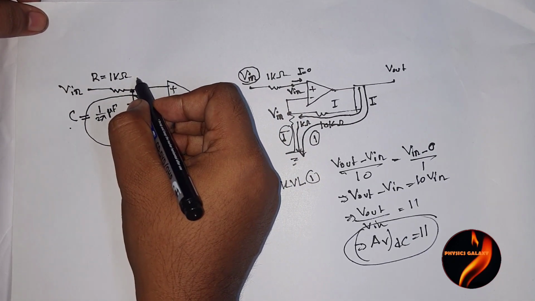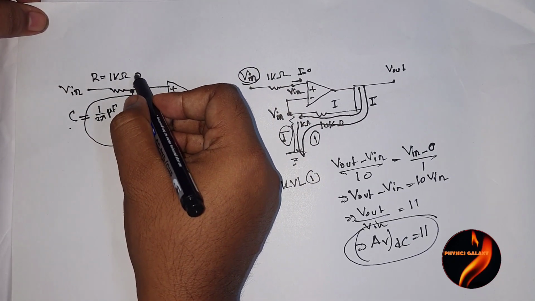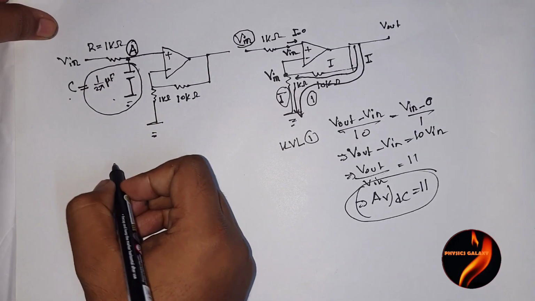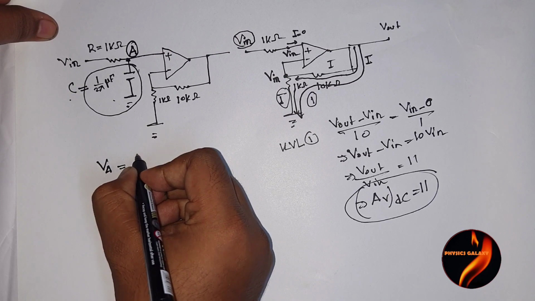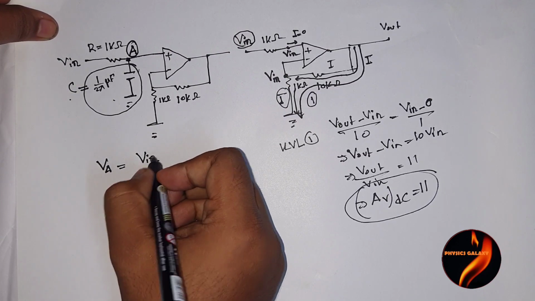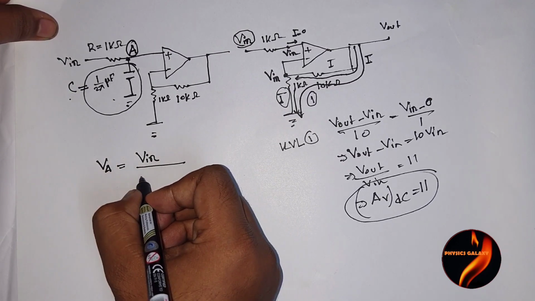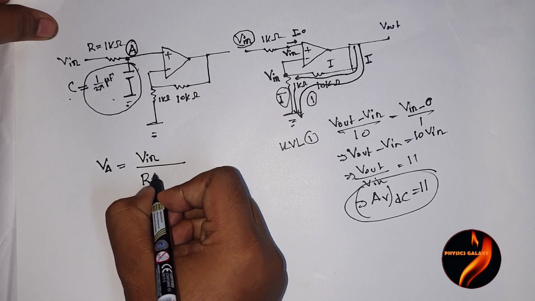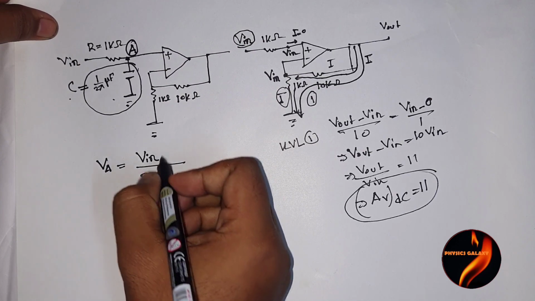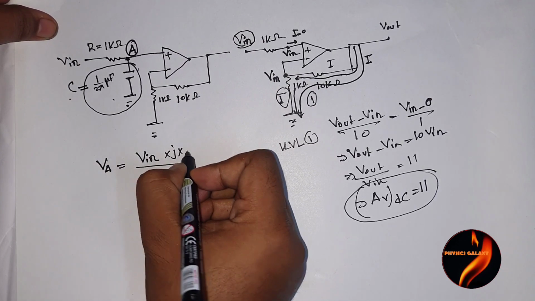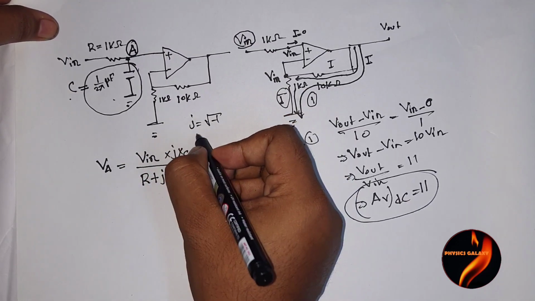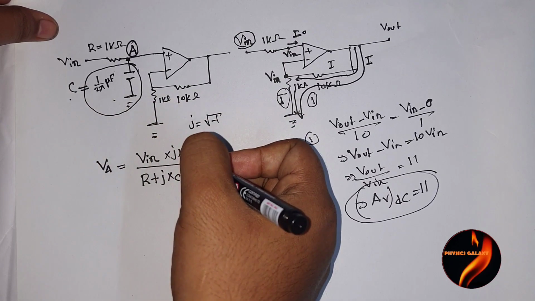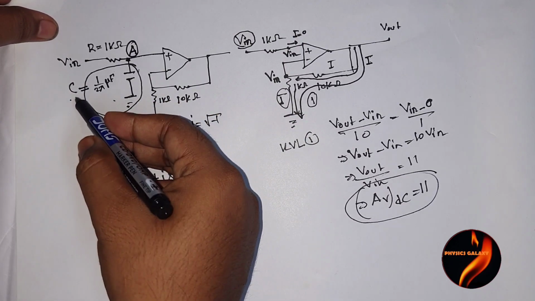So let us denote this point by A. If we find the potential at the point A, this will be V in divided by R plus jXC, multiplied by jXC, where j is the imaginary number and XC is the impedance of this capacitor.